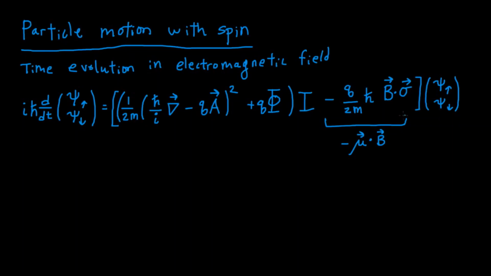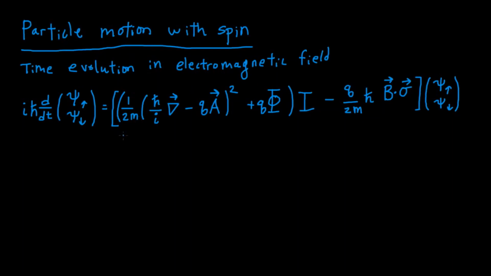In my previous videos, where I was interested in how the spin of a particle changed in time when the particle was placed in an external magnetic field, we were just looking at this term, and we weren't interested in the motion of the particle. We were just interested in how the spin of the particle changed. So you can see that this term is just one piece of the broader equation. We were only studying earlier just this one piece, but now we're looking at the whole equation.